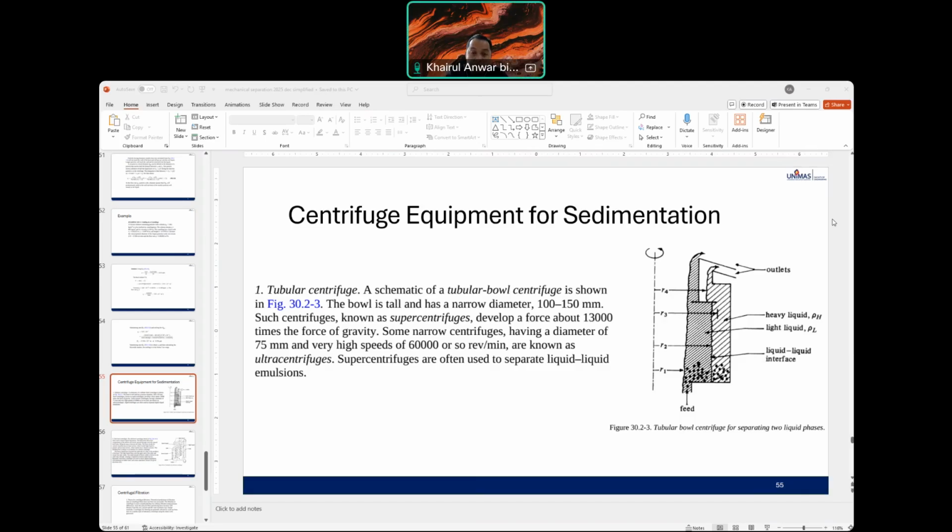Such a centrifuge, known as a supercentrifuge, develops a force about 13,000 times the force of gravity. Some narrow centrifuges having a diameter of 75 millimeter and a very high speed of 60,000 or so rev per minute are known as ultracentrifuges. Supercentrifuges are used to separate liquid-liquid emulsions. In the lab we have a centrifuge as well, and the idea is the same.